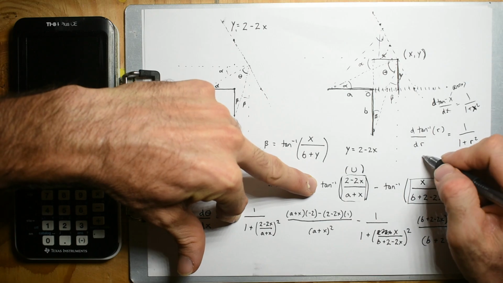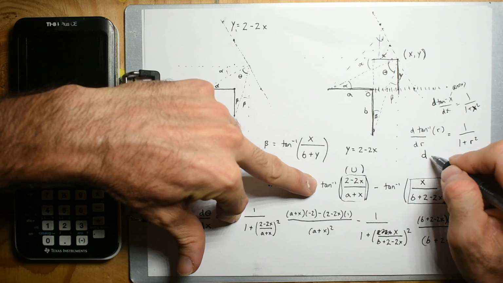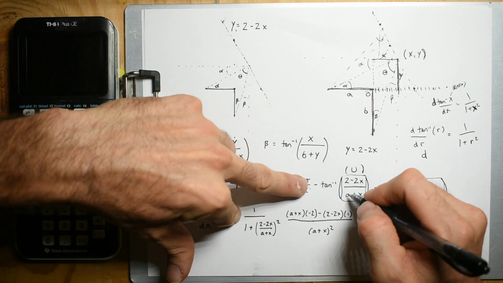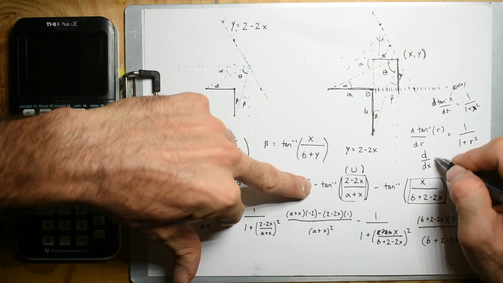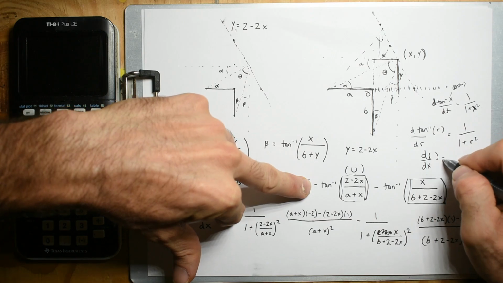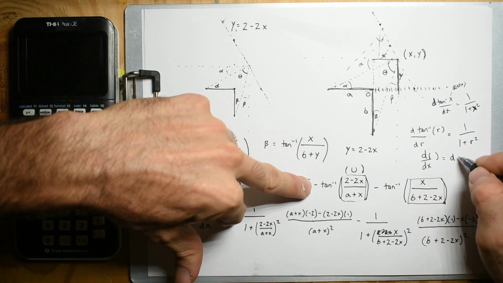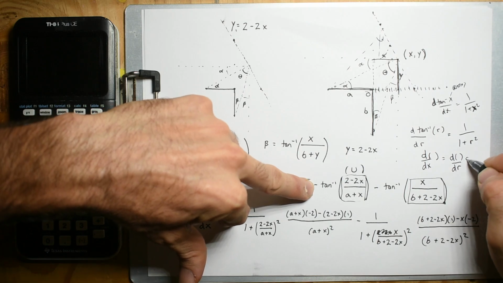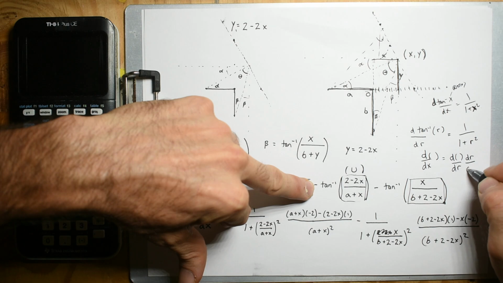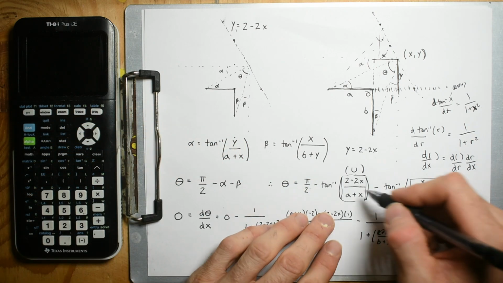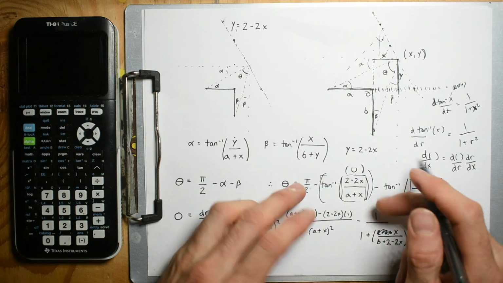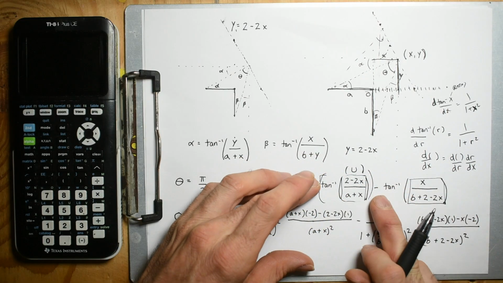But we have to use chain rule. We have to say the derivative of all of that stuff with respect to x is the derivative of all of that stuff with respect to the ratio, times the derivative of the ratio with respect to x. And all of that stuff is the inverse tangent of everything.